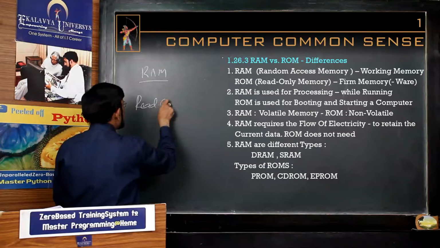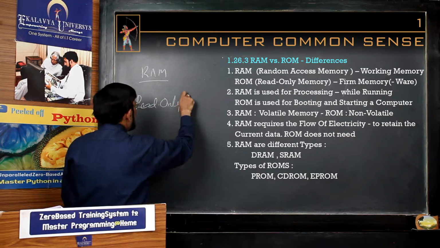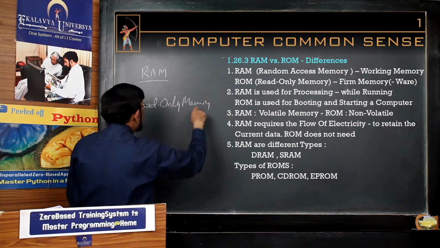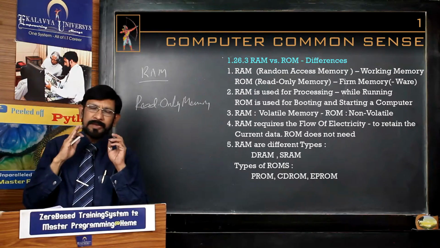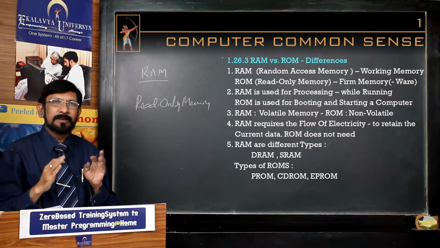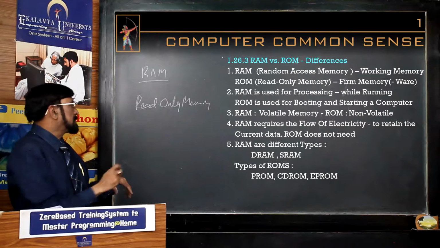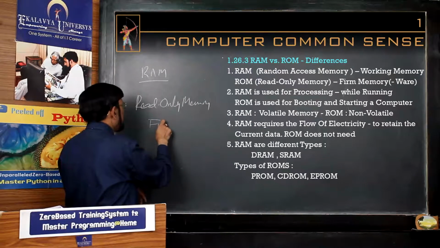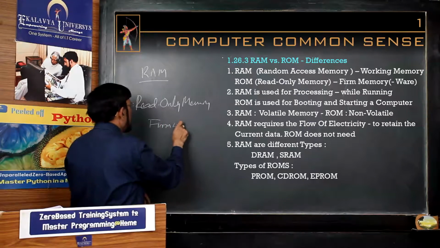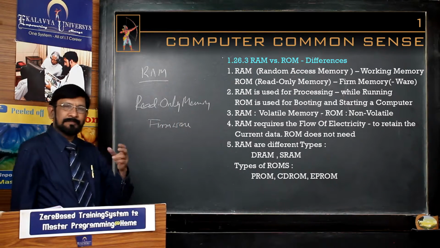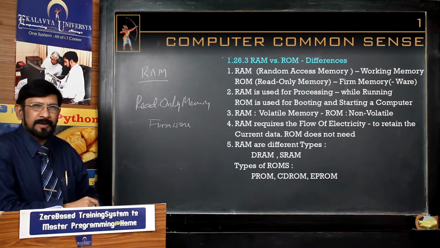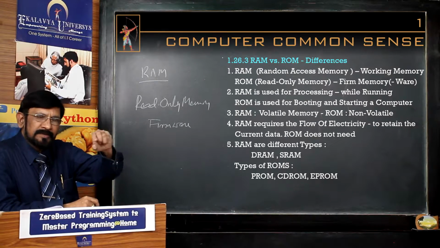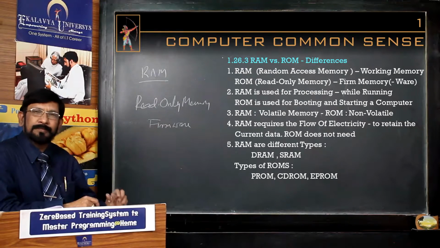Read only memory. Why read only? That means we can retrieve the data, but we cannot make any changes in that. That's why it is called firmware. Actually, this is a permanent storage chip which is developed by the manufacturer, who incorporates certain programs in the chip.